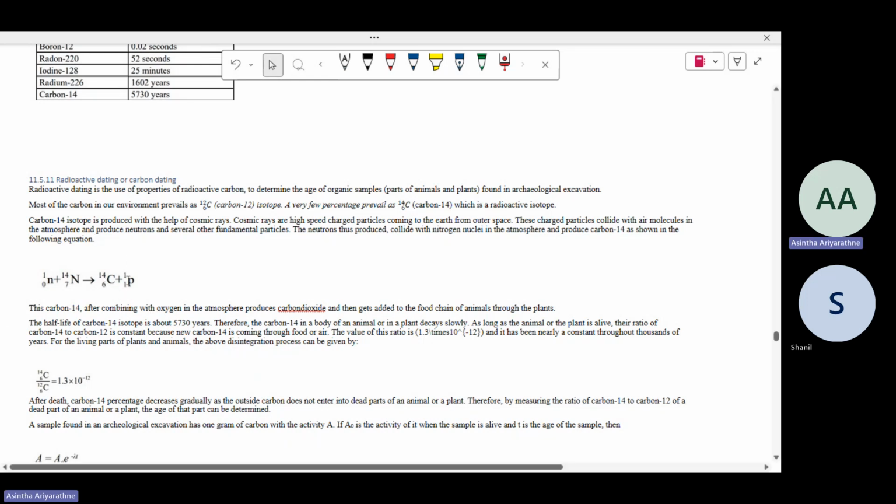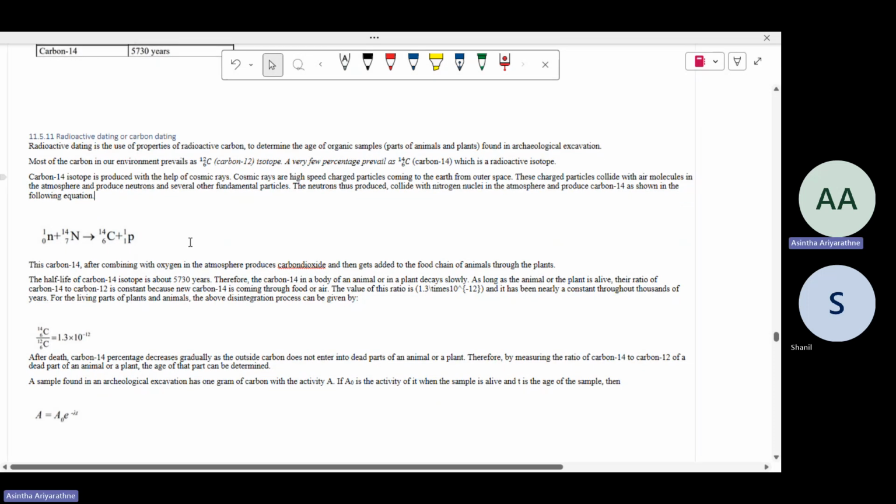By eating food, any living being gets this carbon-14 isotope. So during our lifetime we have the carbon-12 isotope in our body as well as carbon-14 isotopes, which are radioactive and are obtained from food.